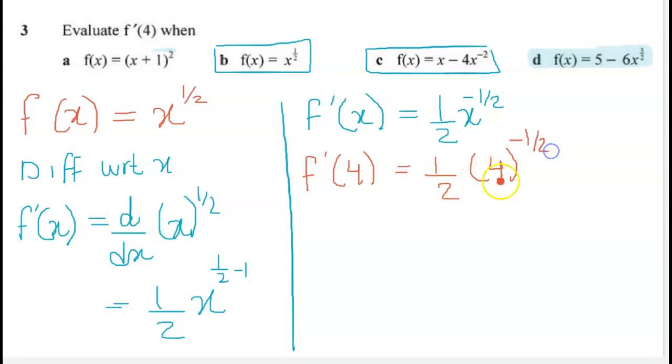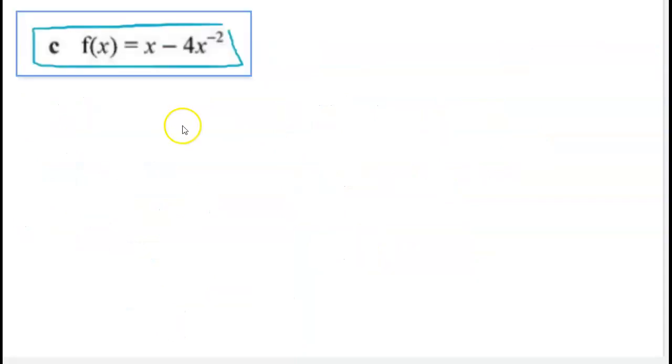Now if you put this in the calculator, you will have an answer 1 over 4. Is it 1 over 4? So that's going to be your answer. Okay, let's have a look at another question.